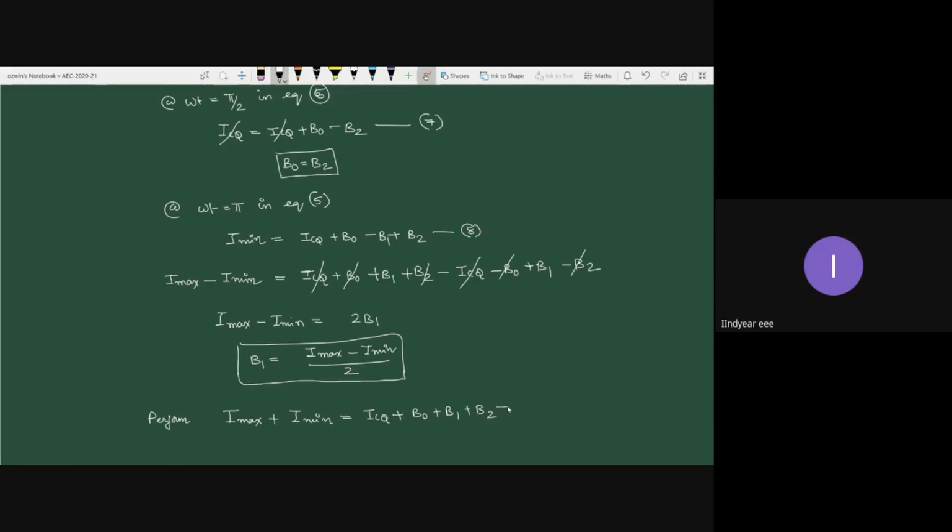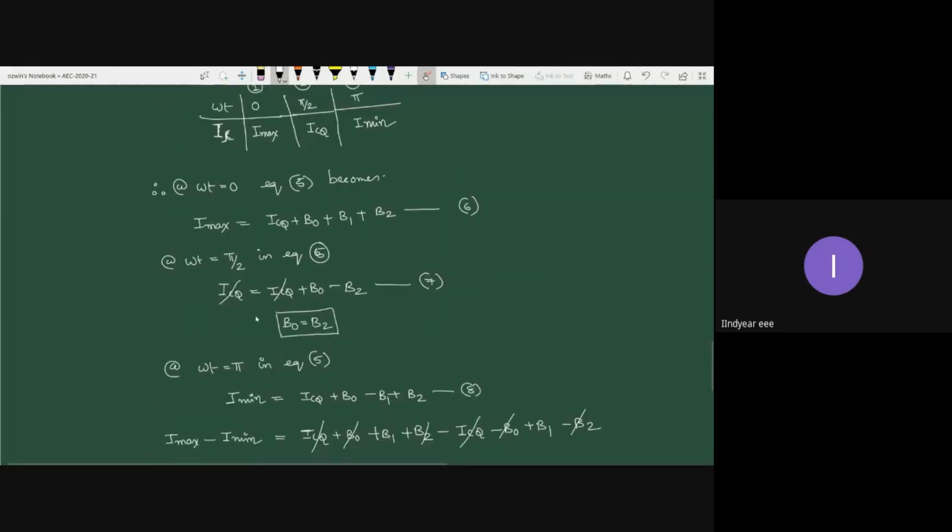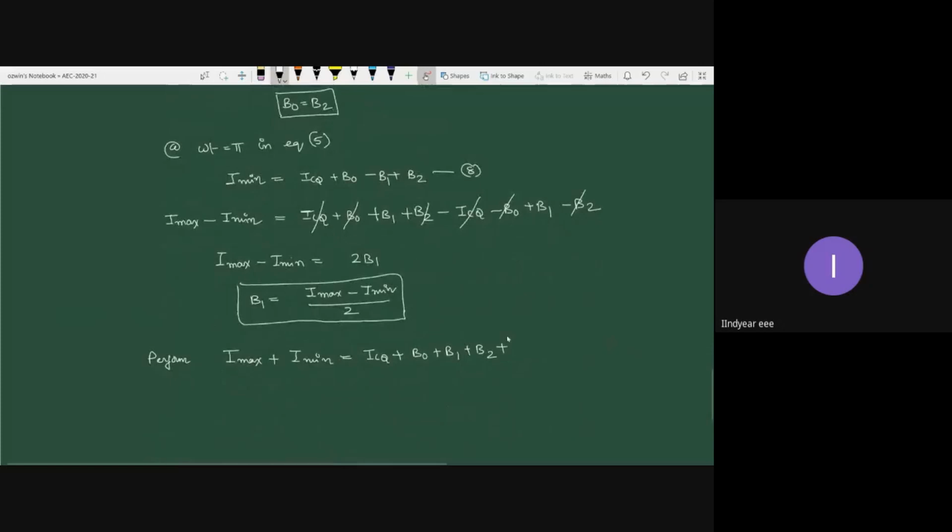Plus I minimum. I minimum is equation 8, so it is ICQ plus B naught minus B1 plus B2. So minus B1 plus B1 gets cancelled. So I max plus I minimum, you'll get as 2 ICQ plus 2 B naught plus 2 B2.